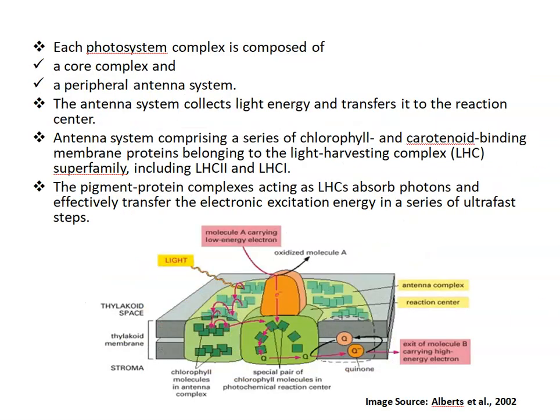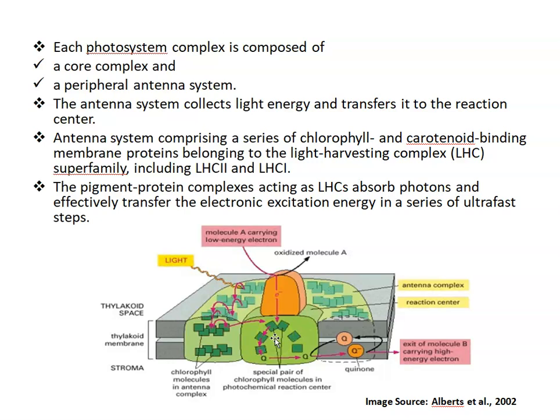Each photosystem complex is composed of two parts, the core complex and the peripheral antenna system. This is the peripheral antenna system and this is the reaction center, the core complex, right? So this antenna system collects light energy and transfers it to the reaction center.